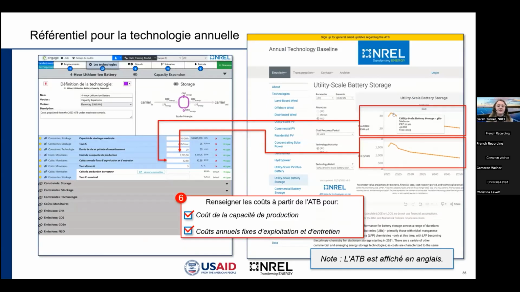The ATB offers technology frameworks for both transportation and electricity, but today we'll be focusing on the electric sector, specifically utility scale batteries. We will be populating our cost of production capacity parameter in the model using the ATB's 2023 overnight capital costs and our annual fixed operation and maintenance cost parameter with the ATB's costs under the moderate scenario for a 4-hour battery.